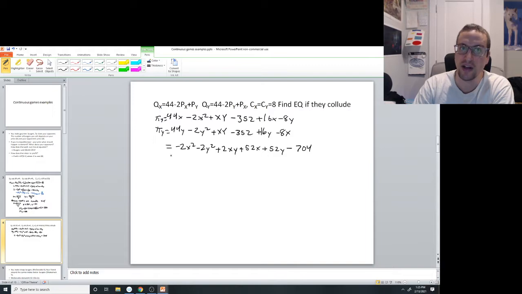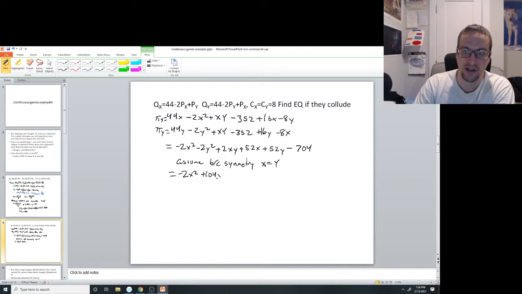Now, again, symmetric. So if we're doing the best for both of them, because of symmetry we're going to assume that x equals y. And we're going to get that this is negative 2x squared plus 104x minus 704.